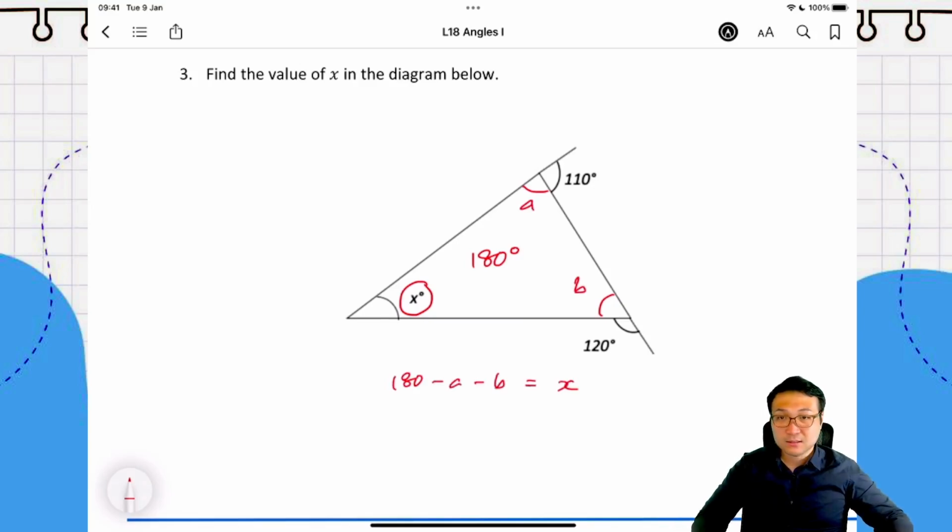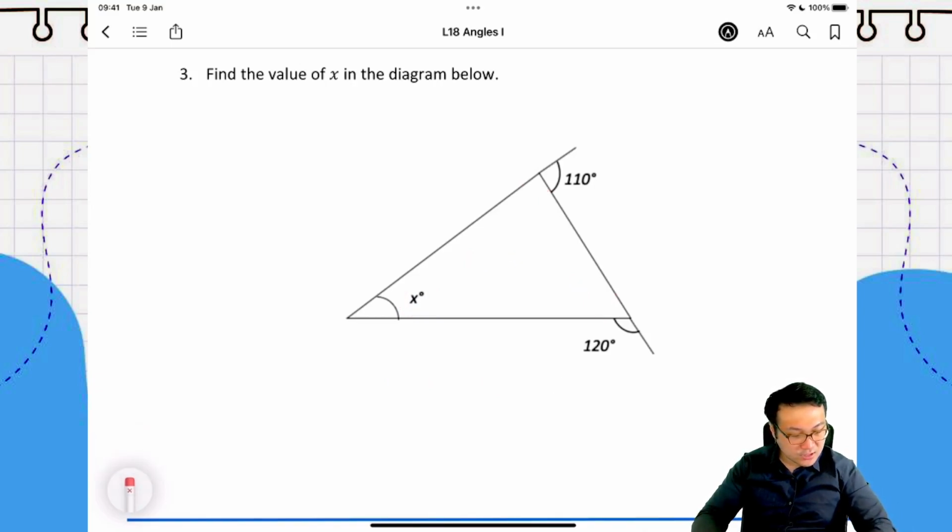Do you agree? But is there a shorter way? Is there something even faster than this? Do you notice that this is an exterior angle? Aha! So if I call this angle A, then how do I find angle x?